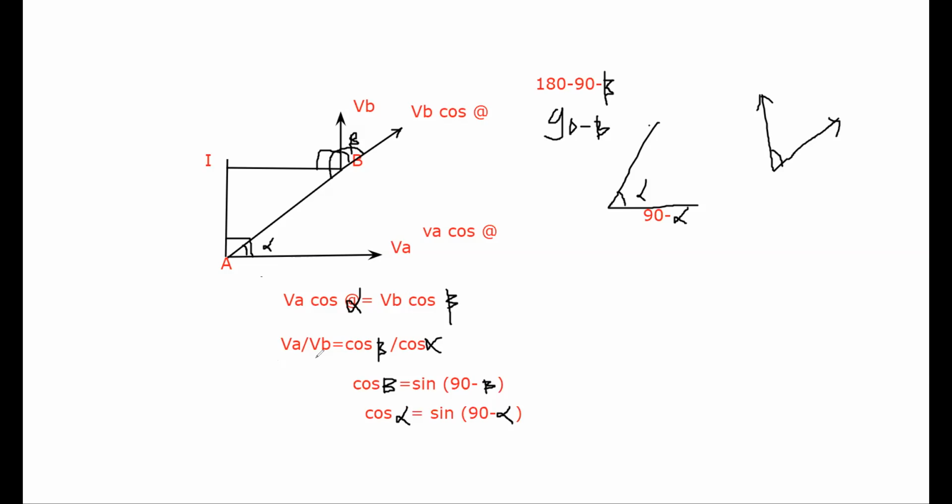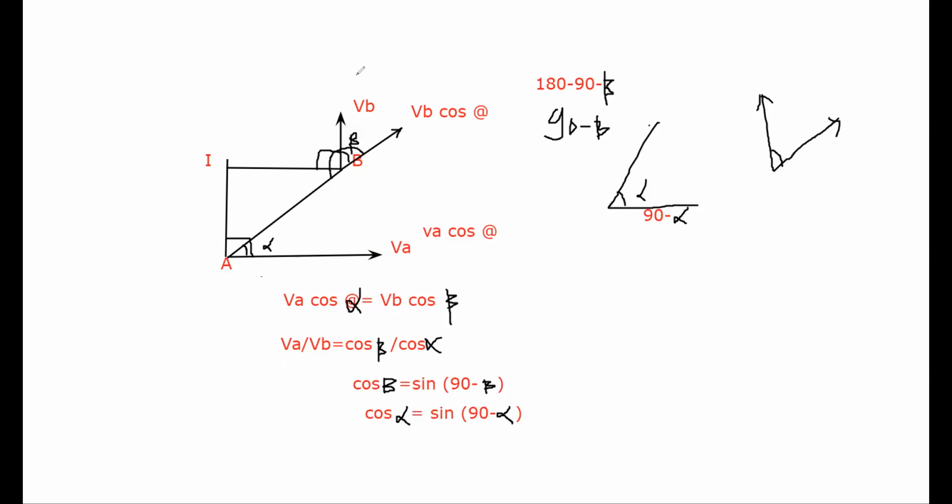And now you can see angle A, and this point I'll just mark over here. You can see this triangle AIB, what can we write? For writing this I have to apply Lami's theorem.